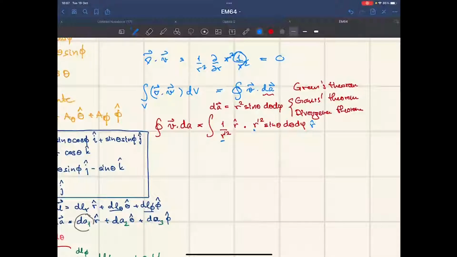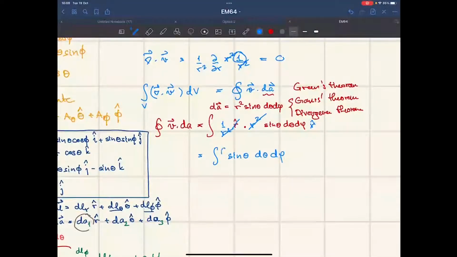Or you can put it as r if you want to; I just want to make it a dummy variable. Let me put it this way so you won't be confused. Here r squared, here r squared. This r squared cancels out, and r dot r is 1. So we have the integration of sine theta d theta d phi.